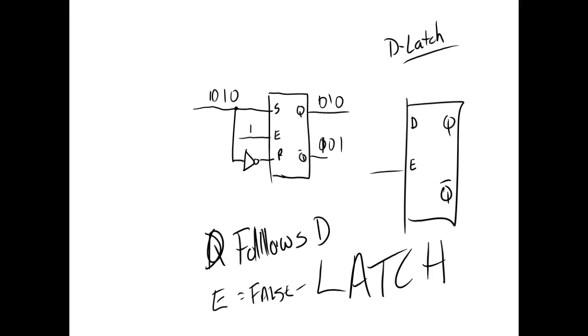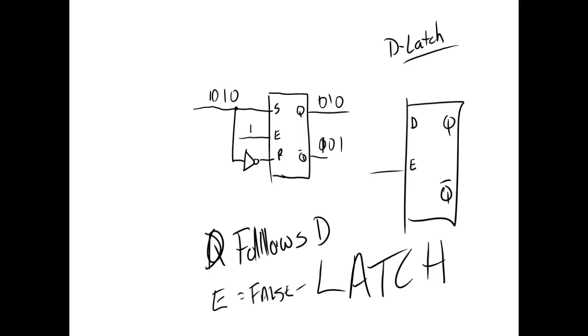So if we look at a 7475, it is a level triggered D flip-flop. As long as that E is high, the Q will follow whatever D does. But if the E goes false, it latches. Whatever's on the D input at that instant is what it latches. Now the 7474 is an edge trigger.